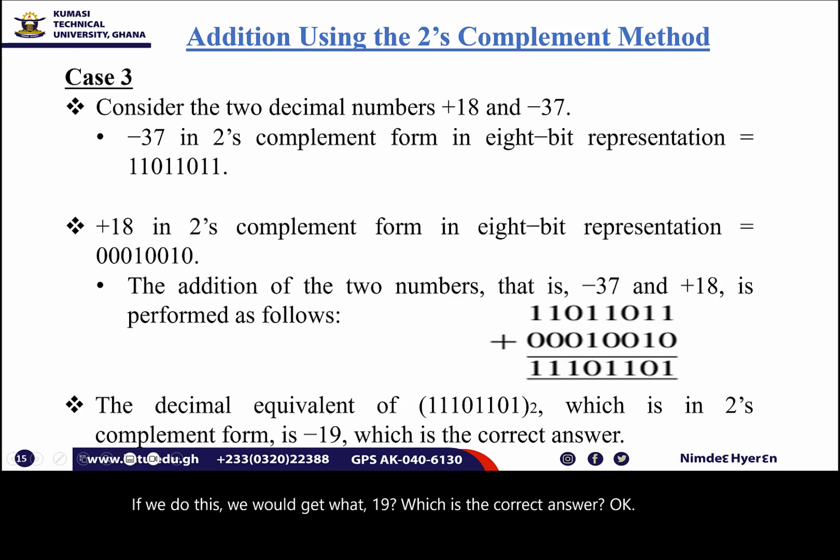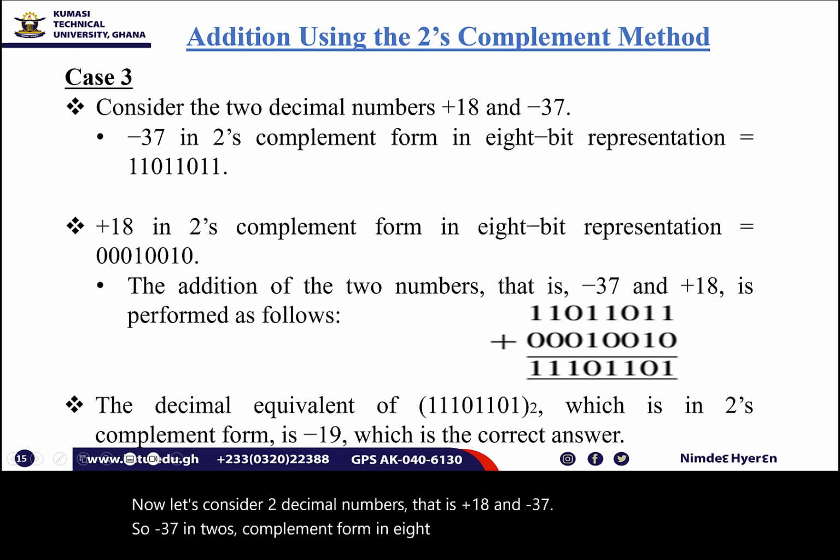Now, let's consider two decimal numbers. That is positive 18 and negative 37. So negative 37 in 2's complement form in 8-bit representation gives us 1, 1, 0, 1, 1, 0, 1, 1.